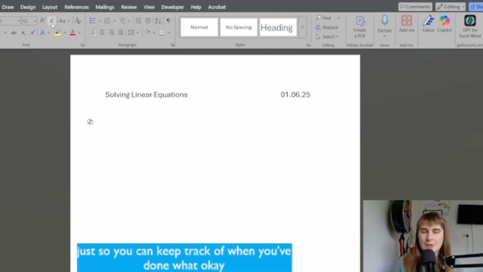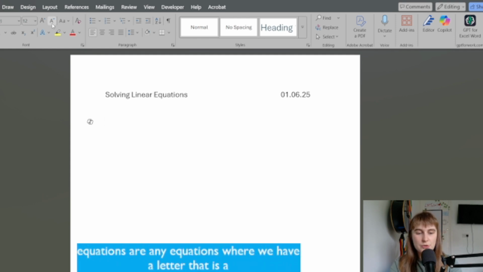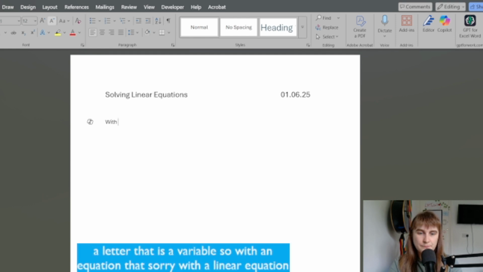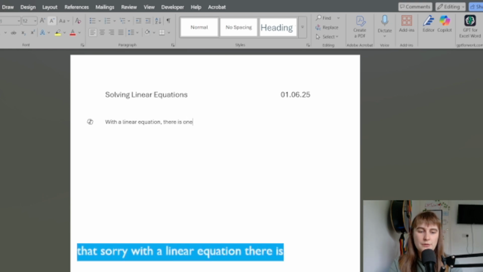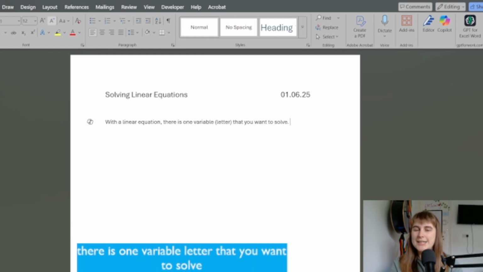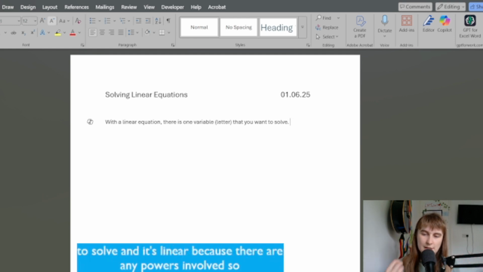Okay, so essentially linear equations are any equations where we have a letter that is a variable. With a linear equation, there is one variable, a letter, that you want to solve, and it's linear because there aren't any powers involved, so that letter is just as it is.